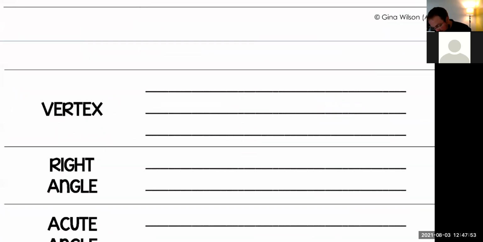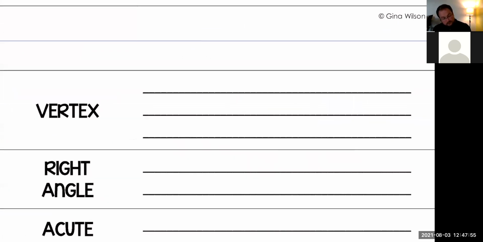Next on our list, vertex. So the vertex is the common endpoint of an angle.